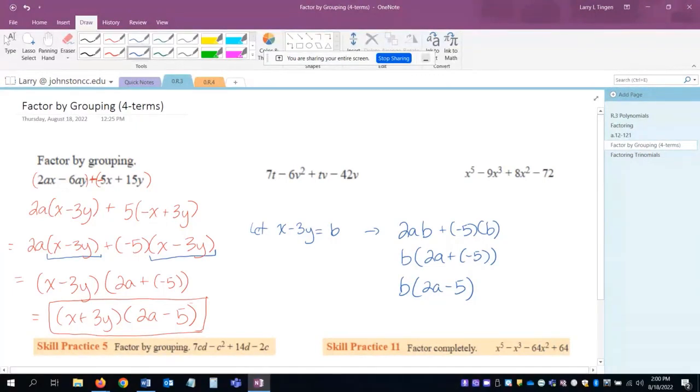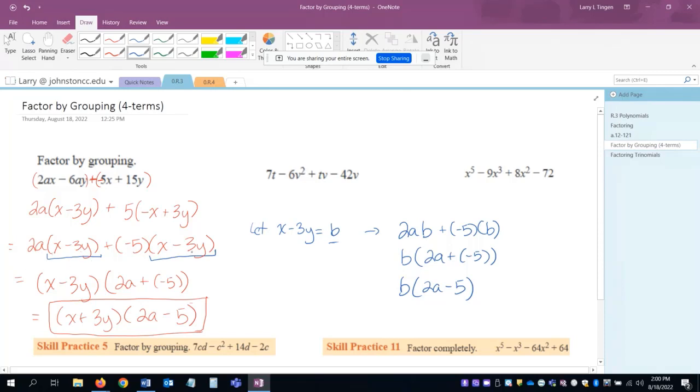That part makes sense? Yes, good. So now b is just a substitution for x minus 3y. X minus 3y is one number. It is one factor. I just don't know exactly the value of it because I don't know what x and y are. So even though it's got two terms, it is multiplied by 2a.